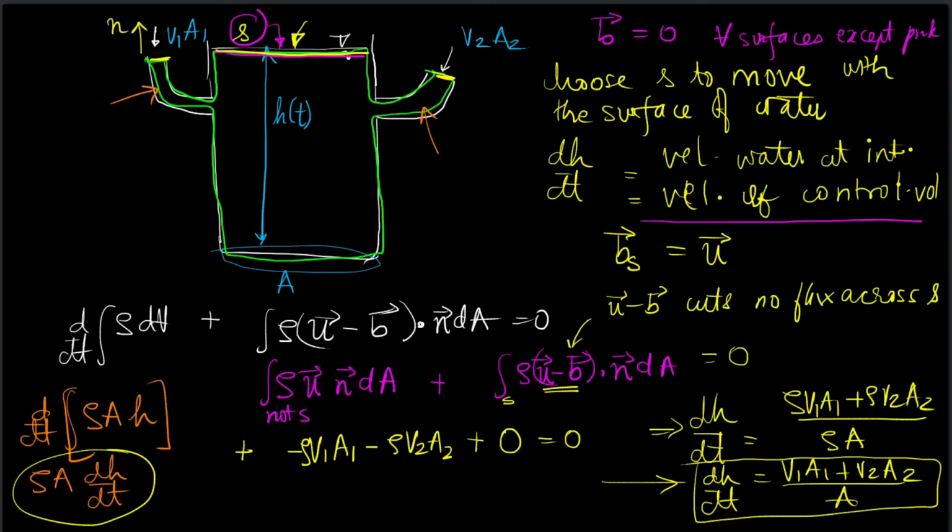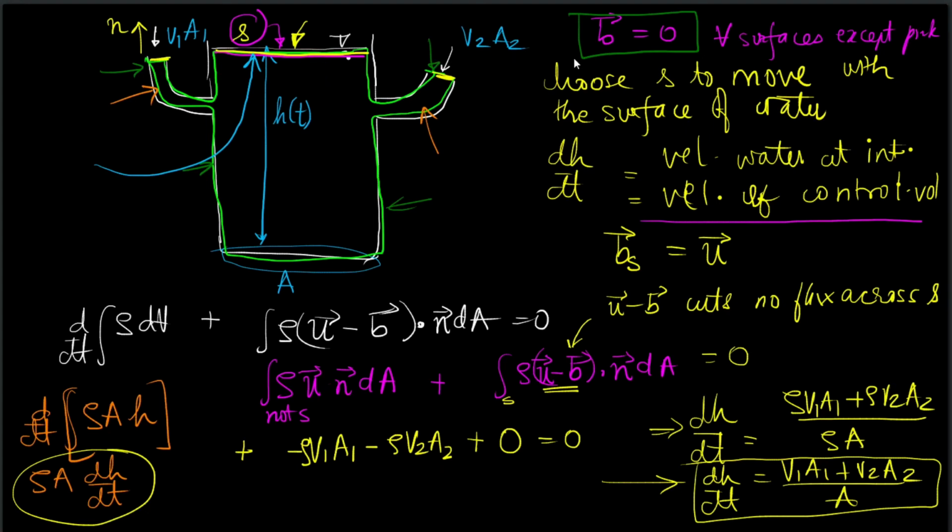And we've made use of the very important concept that one of the surfaces of the control volume has a velocity equal to the velocity of water. And it also brings into picture the very important concept that B can be locally varying. B over here is 0, over here is 0, over here is 0, over here is 0, but B for a certain surface can change.